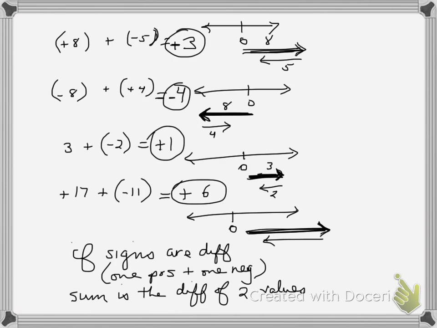I'm subtracting the difference of the two values, the absolute values, you could think of it that way. And then you decide the sign by which direction you move furthest, in the positive direction or the negative direction.